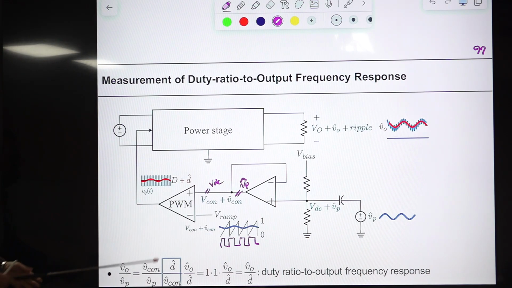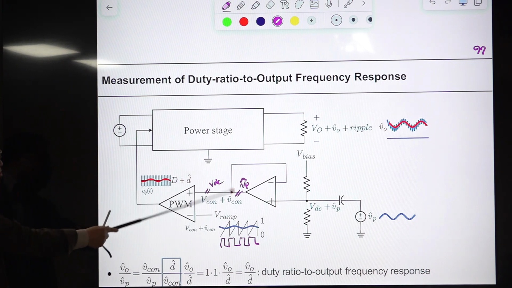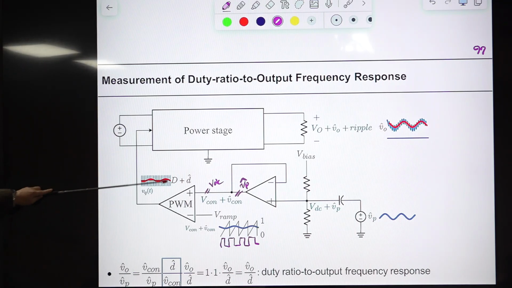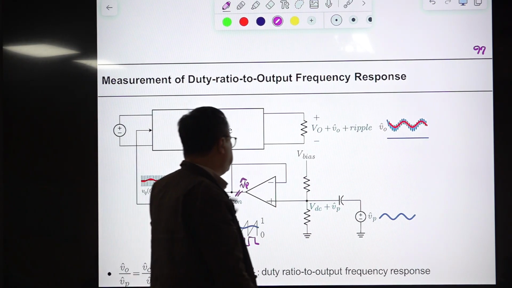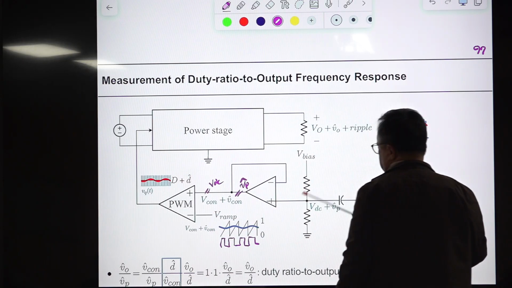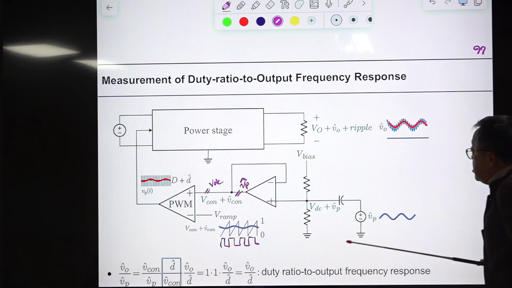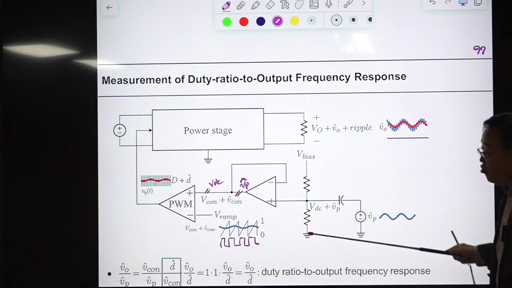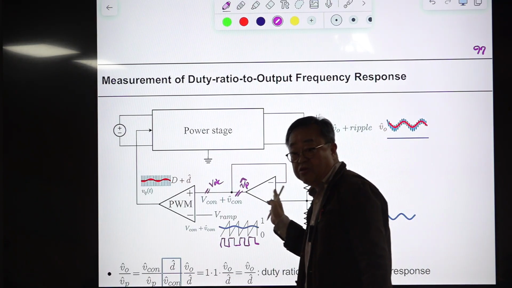Okay, the function of this is called duty ratio modulation. Modulating means changing something. You change the duty ratio in this fashion, D plus some AC component. So this is doing the duty ratio modulation, and this part is maybe called AC disturbance injection without perturbing the DC bias point.